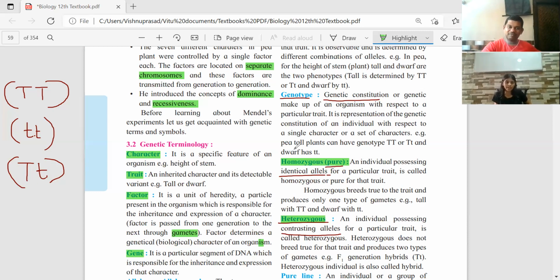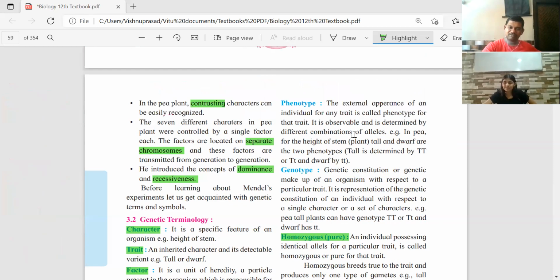So understood the meaning of the word genotype properly? Genetic constitution or the makeup. Now, whenever a particular genotype is written, based on that, some character, some trait is expressed. जैसे capital T अगर लिख रहा हूँ, how will the organism be, tall or dwarf?